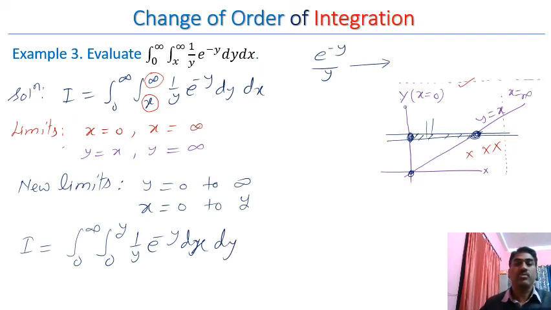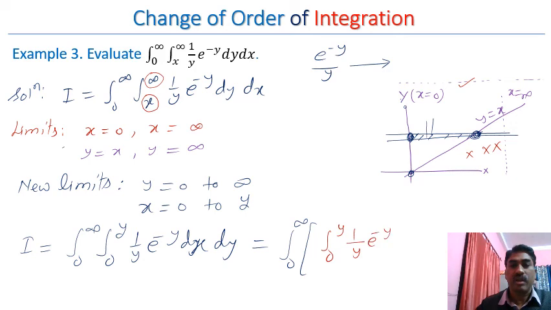Now we need to integrate x first because it has the variable limit. So for the sake of easiness, let us write this as the integral 0 to infinity, then 0 to y, 1 by y e to the power minus y dx, and dy.